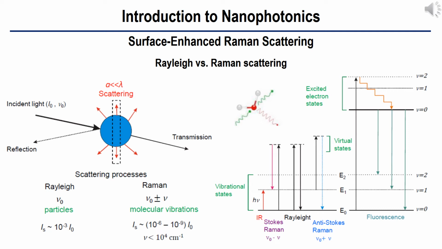As shown in the right figure, there is a Stokes or anti-Stokes shift caused by the intrinsic molecular vibration in the particles, which makes plus or minus nu. The absolute value of nu is determined by the quantum mechanical properties of the molecules.